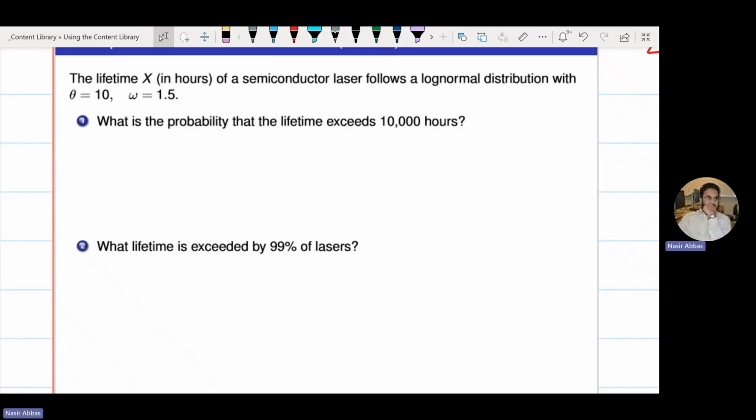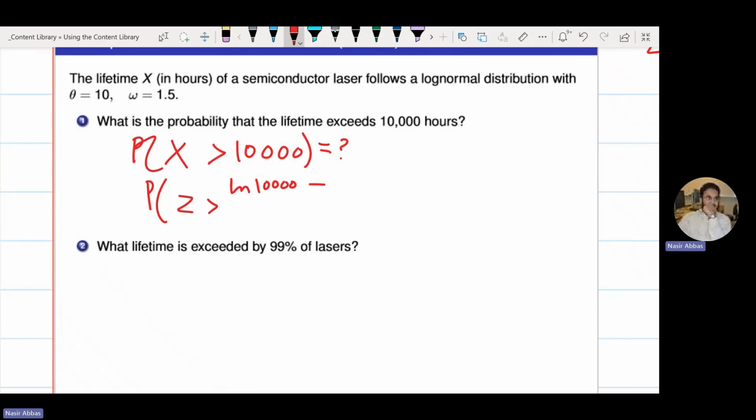So very easy standardization. How do we solve this question? What is the probability that the lifetime exceeds 10,000? So probability of X bigger than 10,000 is required. Very simple question. You have to convert X into Z. So I will convert this X into Z. This is probability of Z bigger than log of 10,000 minus theta, which is 10, divided by omega, which is 1.5.